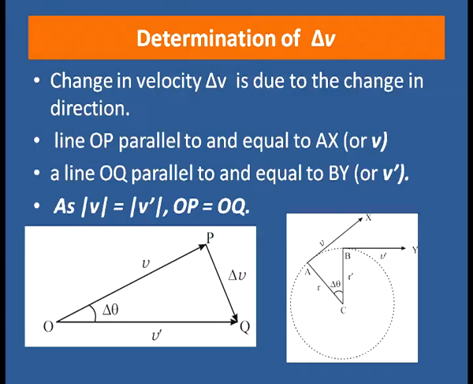Now, in triangle OPQ, sides OP and OQ represent velocity vectors v and v prime at A and B respectively. Hence, their difference is represented by the side PQ in magnitude and direction. In other words, the change in velocity is equal to PQ in magnitude and direction as the particle moves from A to B in time delta t.